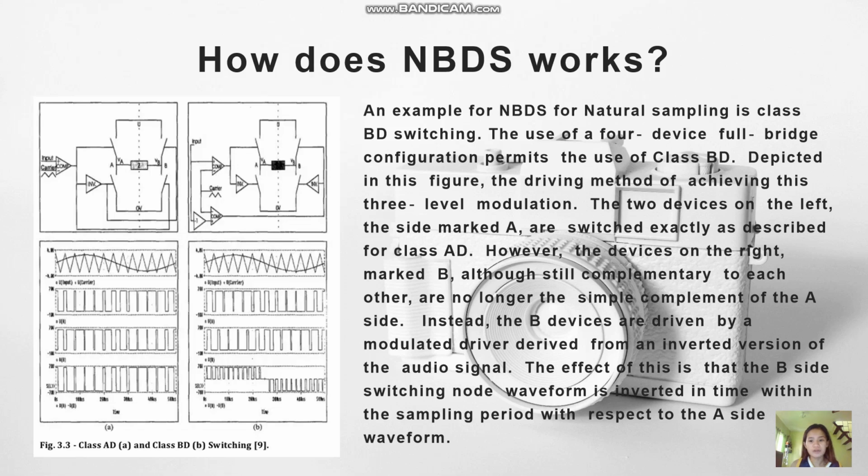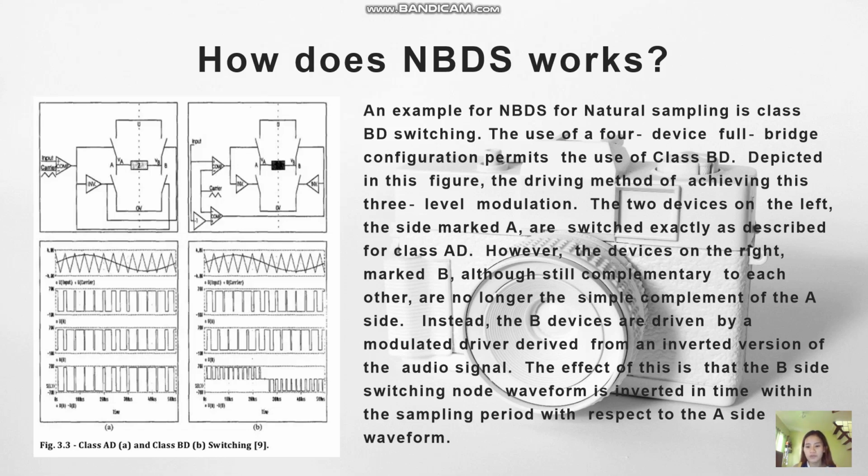In the driving method of achieving this three-level modulation, the two devices on the left, the side marked A, as what you have seen there, are switched exactly as described for class AD. However, the devices on the right marked B, as what you have noticed here, although still complementary to each other, are no longer the simple complement of the A side.